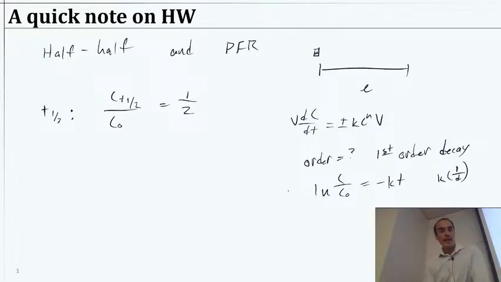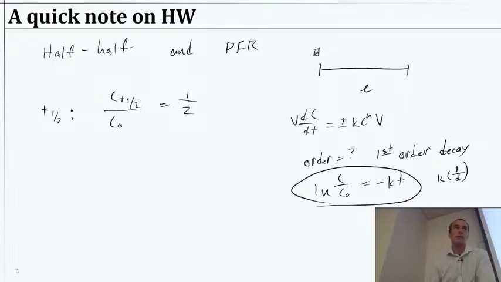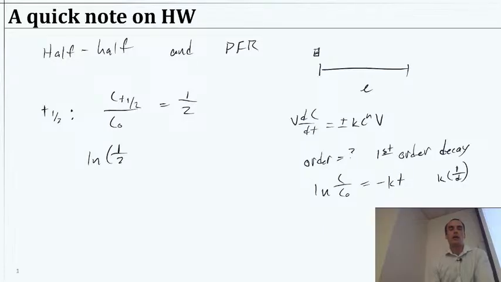So to find k, we can actually use this equation to say, all right, if we take the natural log of 0.5, 1 over 2, say that's going to be equal to negative kt, and you were given some time that is the half-life, there you go, you found your k.